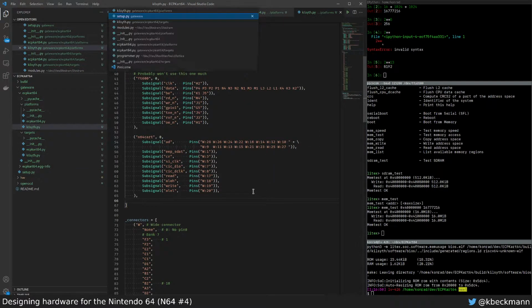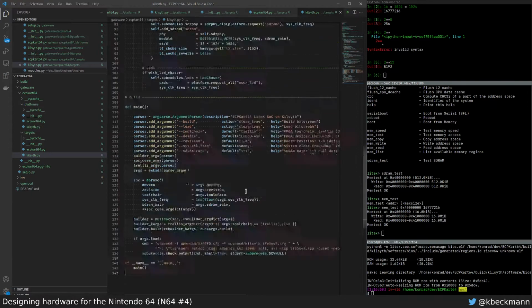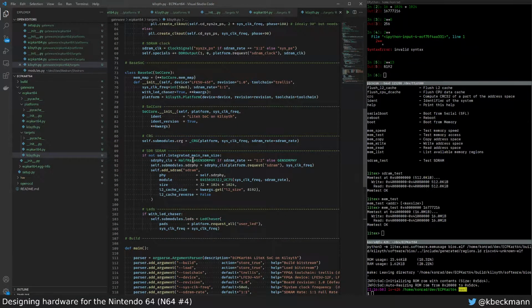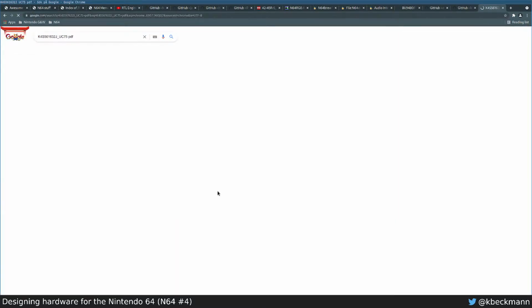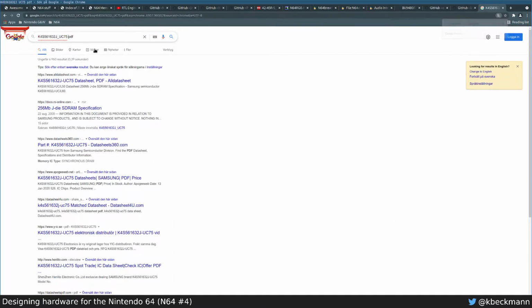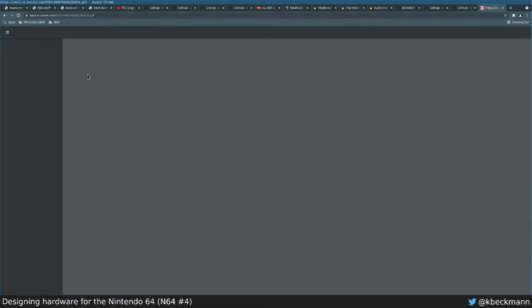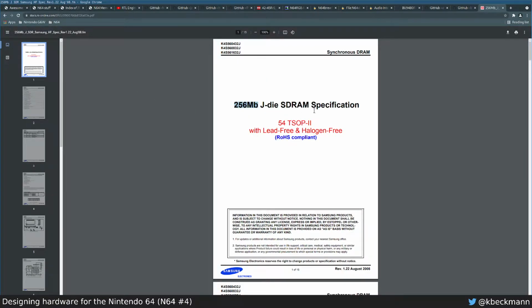But I honestly think that I have 32 megabytes because I was looking at the datasheet of this one. There we go. It's 256 megabit.